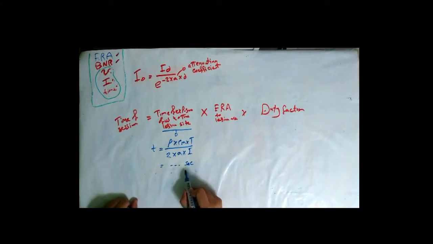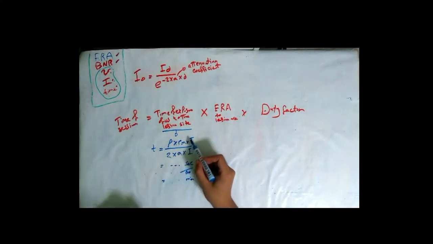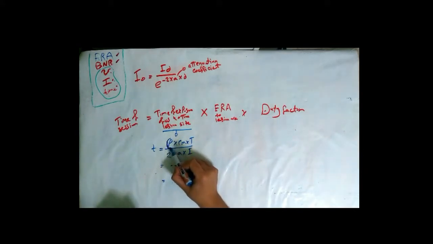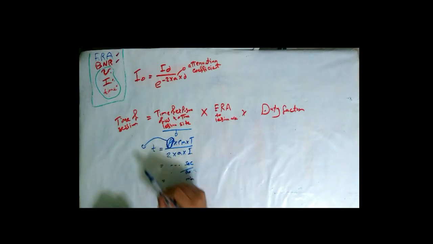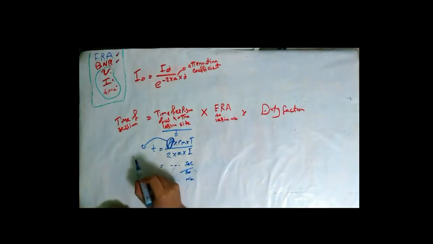You have to divide this by 60 to get the result in minutes. The units in this equation are very important. Density stands for the density of the target tissue that you are treating. The density must be in gram per centimeter cubed to put it in this equation.